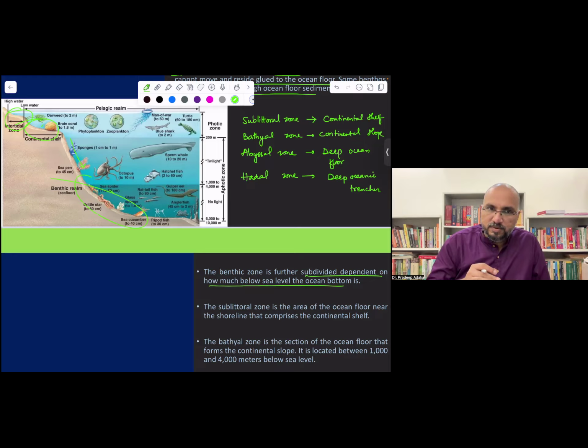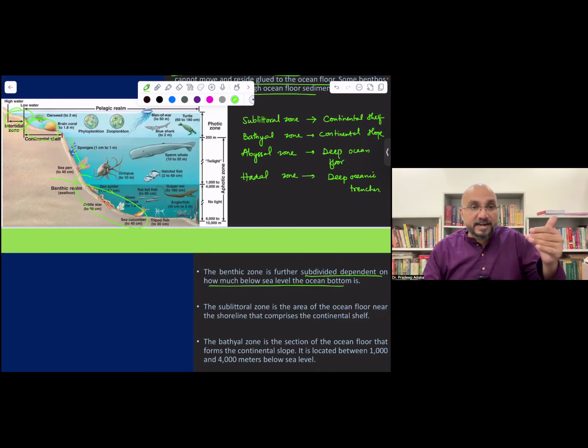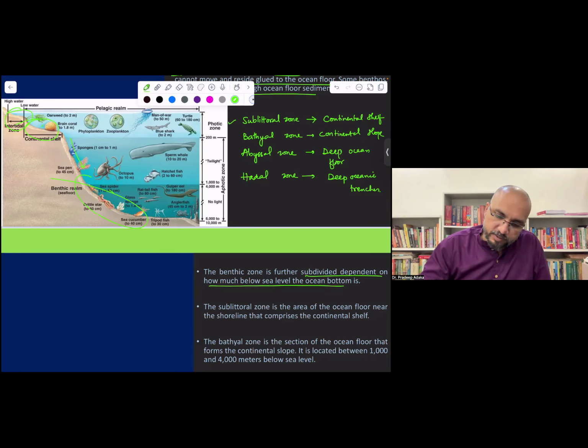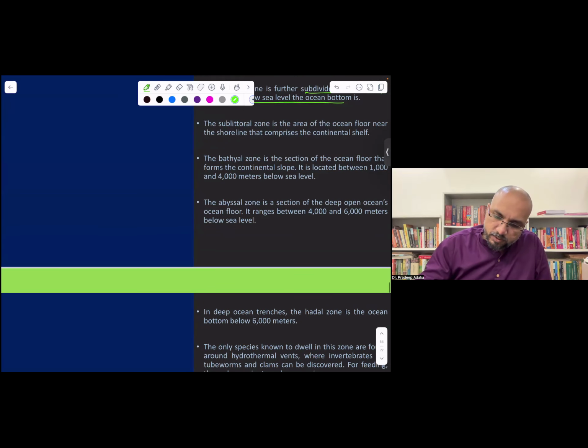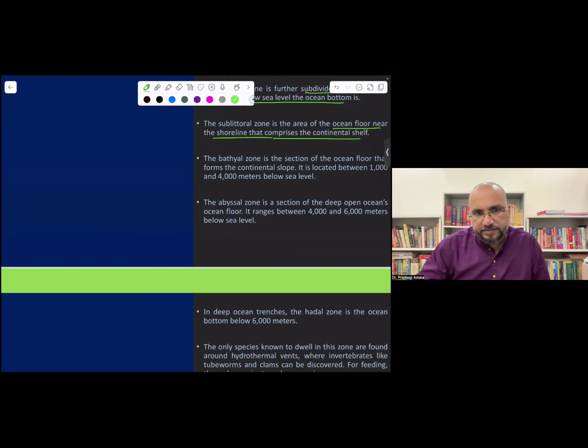So benthic zone is the bottom of the ocean, but depending upon where the bottom is present at different levels in the ocean, there can again be of different types: sublittoral zone, bathyal zone, abyssal zone, and hadal zone. The sublittoral zone is the ocean floor near the shoreline that encompasses the continental shelf.